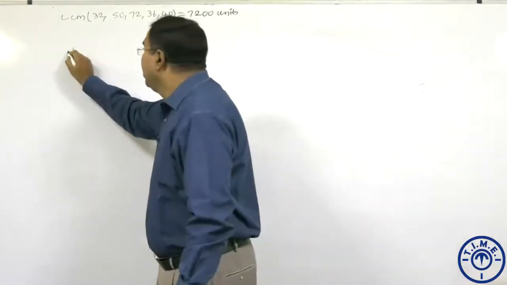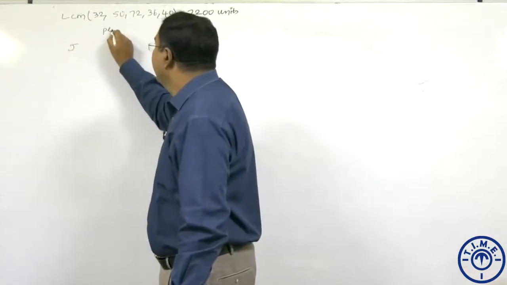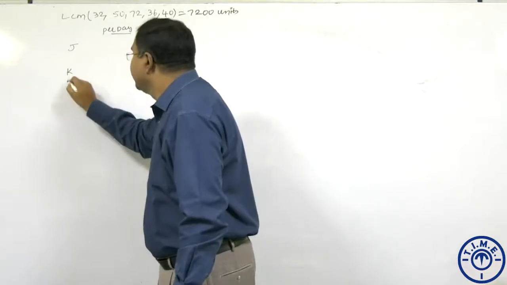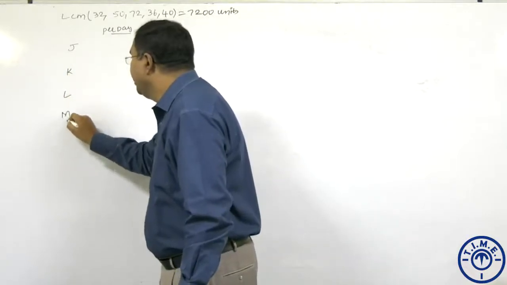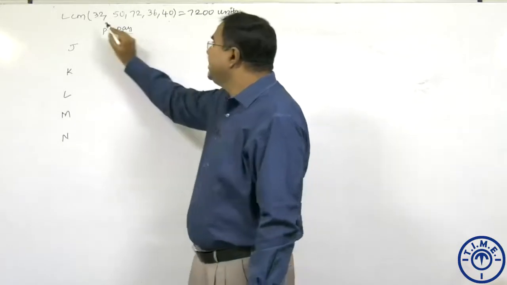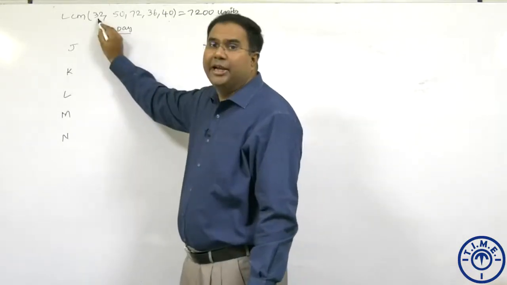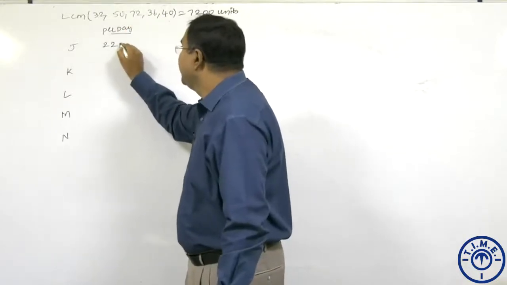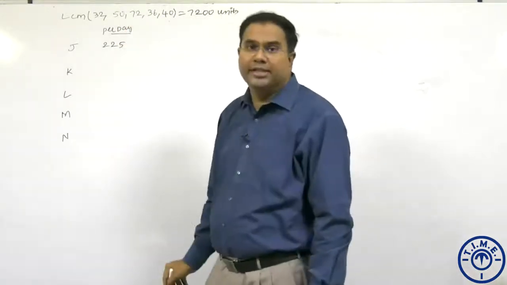Now, let us find out per day how many units J will do, K will do, L will do, M will do and N will do. So, total 7200 units, J is completing in 32 days. So, 7200 by 32, per day J will do 225 units.